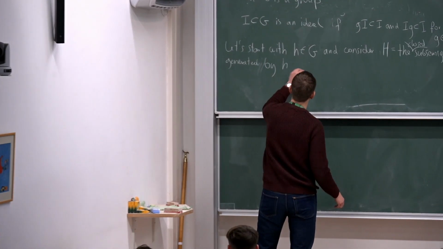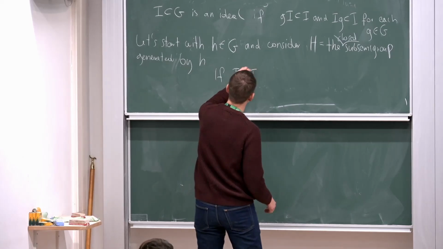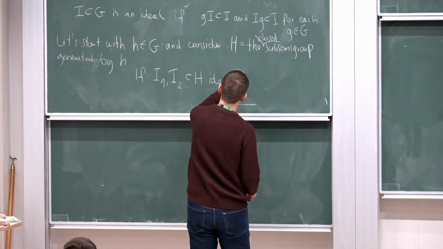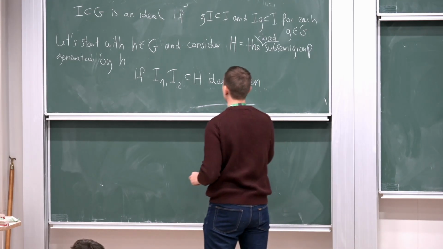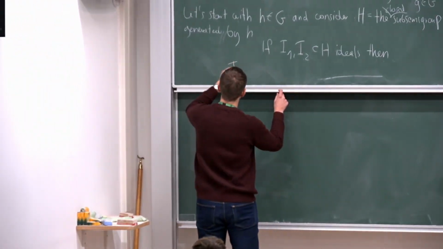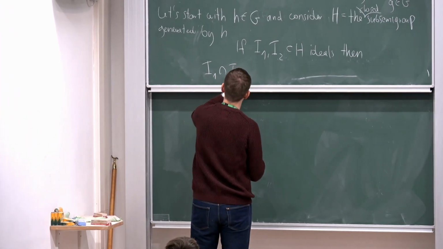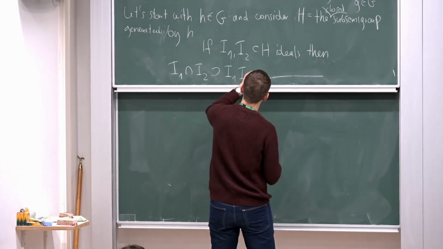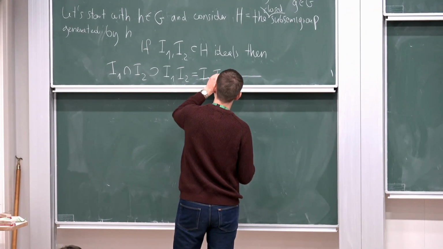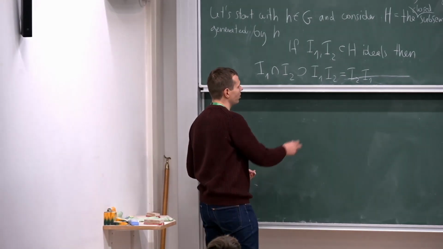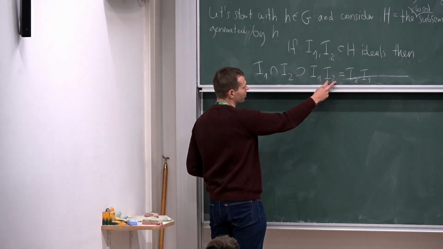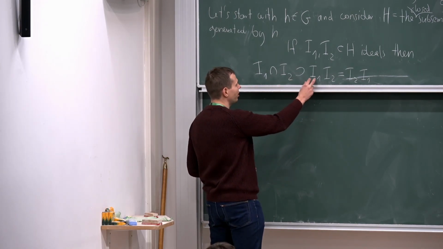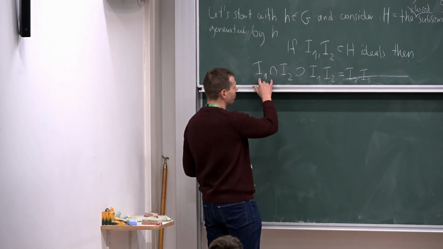So if I1 and I2 are ideals, then their intersection contains the product of the ideals. Right, because I2 multiplied by anything from I1 is inside I2 by the ideal property, and also the other way, so it's also contained in I1.